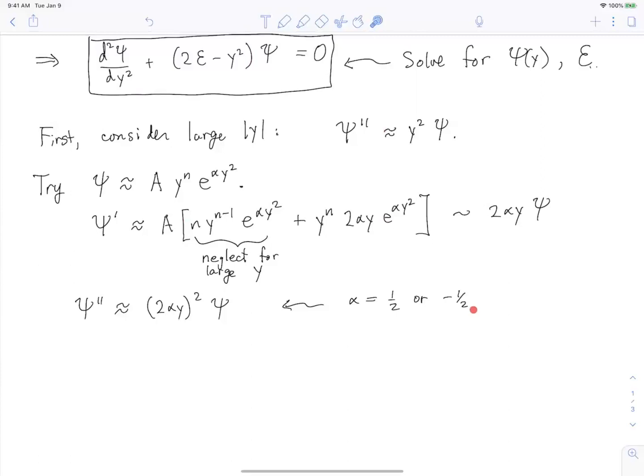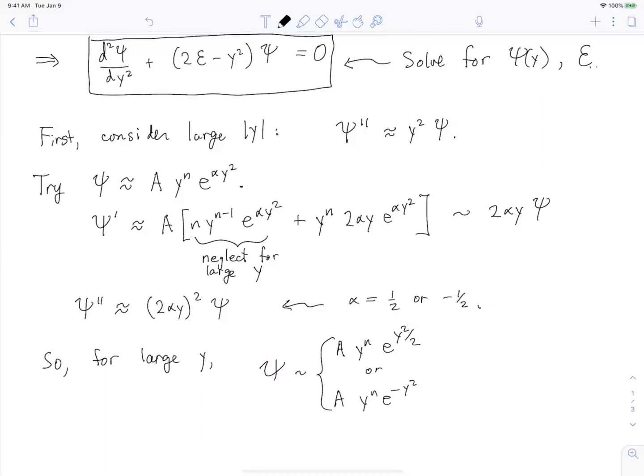Okay, and so what we conclude is for large y, the wave function behaves like one of two things: a y to the n, e to the y squared over 2, or a y to the n, e to the minus y squared over 2.